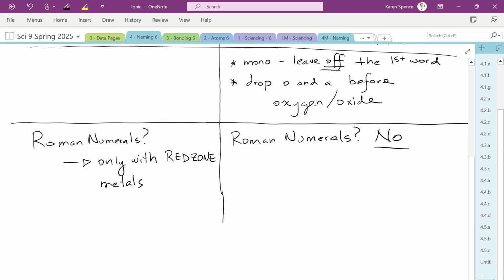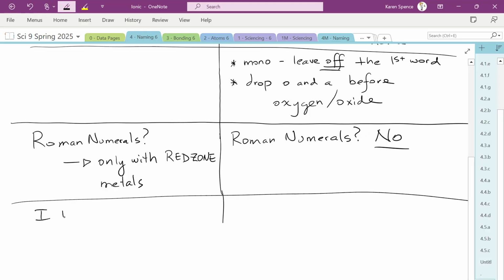How do we find a Roman numeral? What are the Roman numerals? 1, 2, 3, 4, 5, 6, 7.